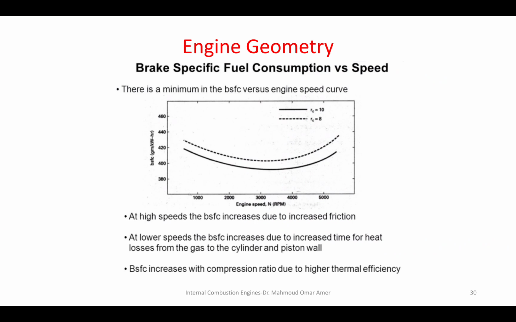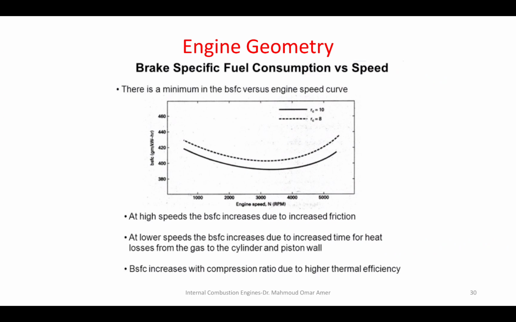What about the specific fuel consumption versus the speed? This is the brake specific fuel consumption. Do you remember the power curve that we drew earlier? The power was lower at low RPMs, then increased, then got lower again.